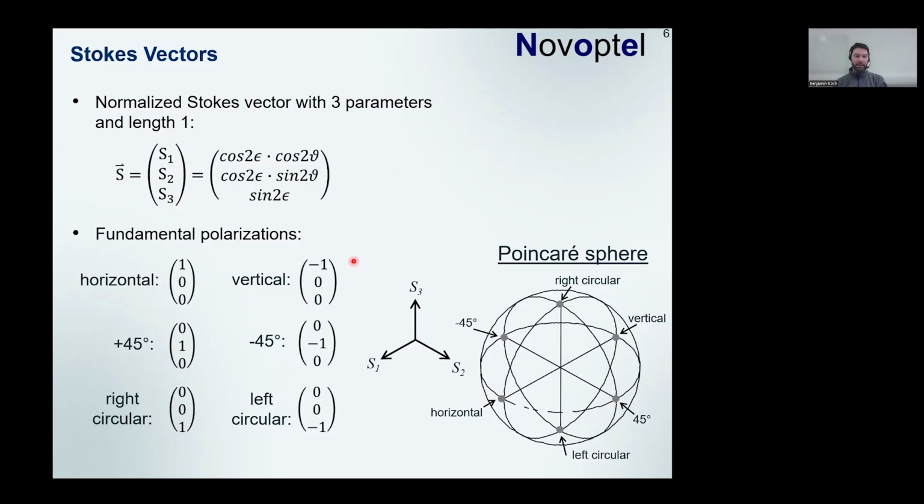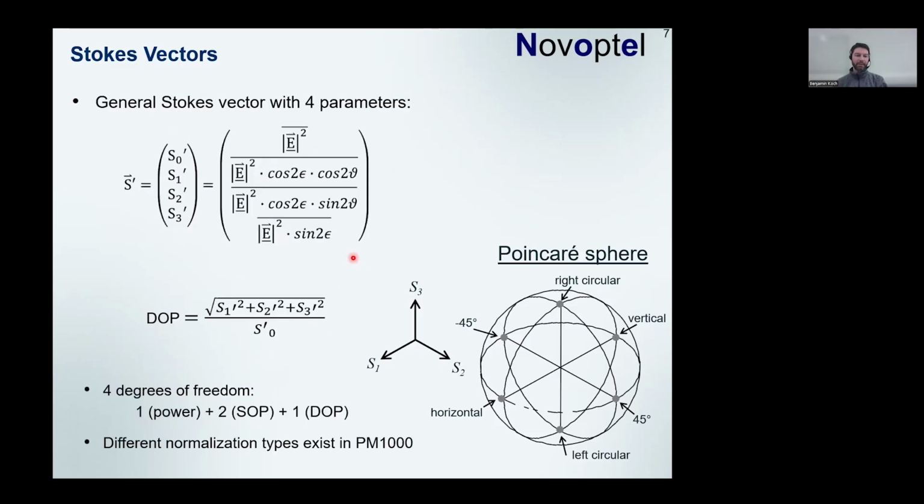There's another representation or another additional factor in the Stokes vector. If we have an additional parameter S0, which is the power of the wave here, and we multiply the other parameters S1, S2, S3 also with the power, then we get the Stokes vector with 4 parameters.